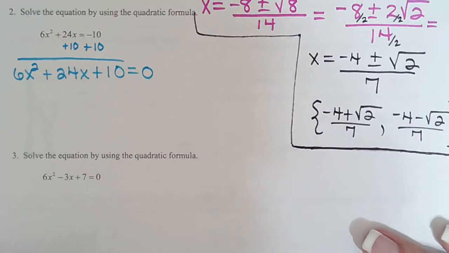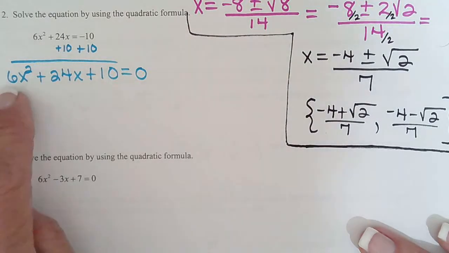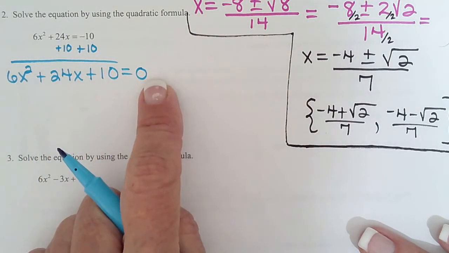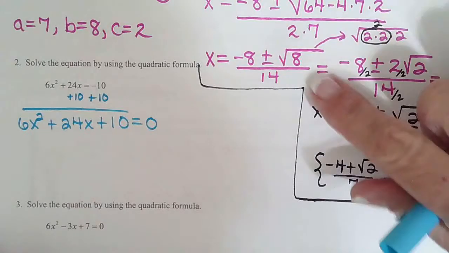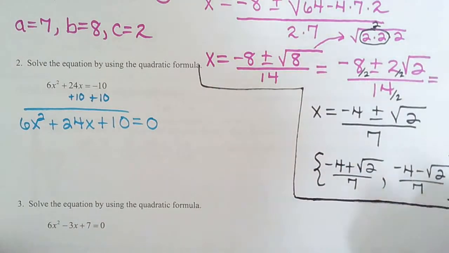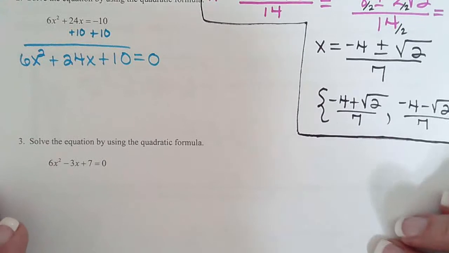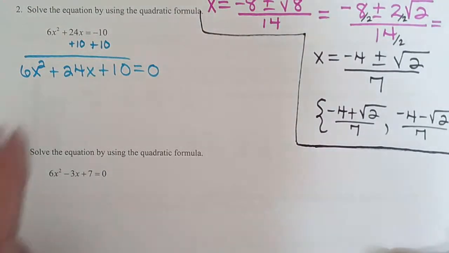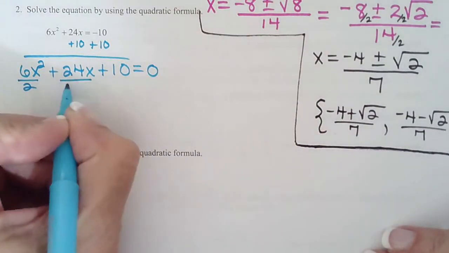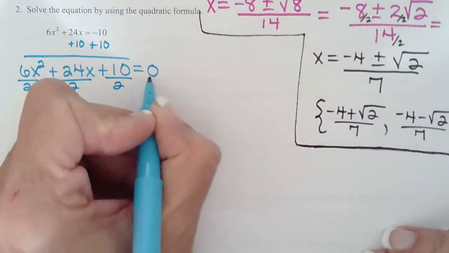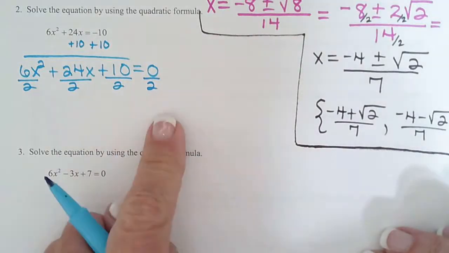So a nice little trick of the trade, if you see something common here, make your numbers smaller, because getting big, huge radicals that you have to break down is not very fun. So make it a nice small number, or as small as you can. So what's common to all these? 2. So just take a 2 out of everything, and I'll get the exact same answer as someone who didn't see that.